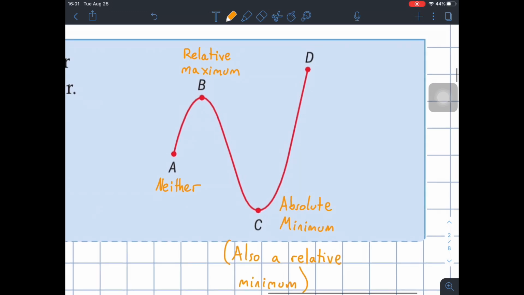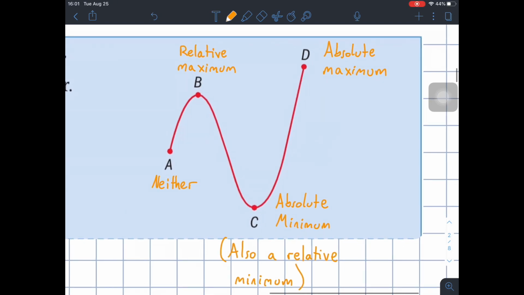But we can conclude that point D is an absolute maximum, right? Absolute maximum, because it is at the highest point of this particular graph. So it's an absolute maximum.